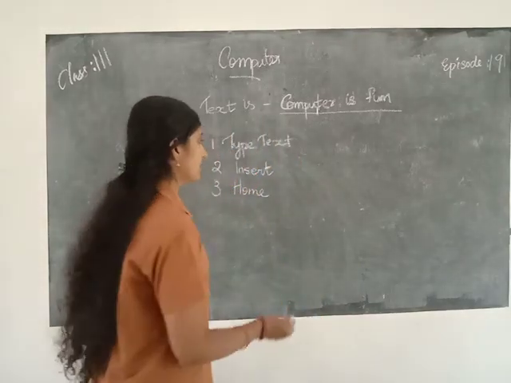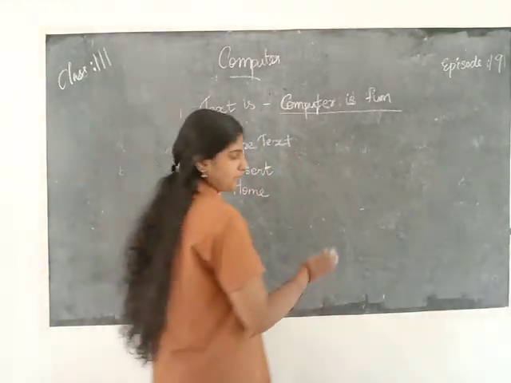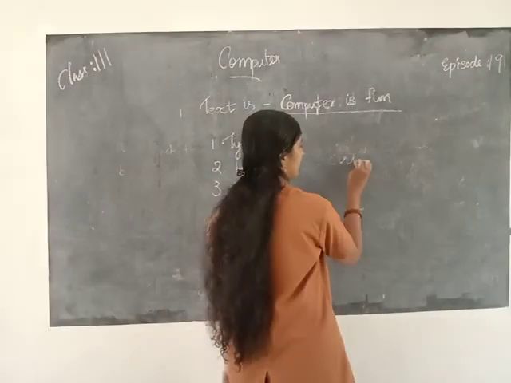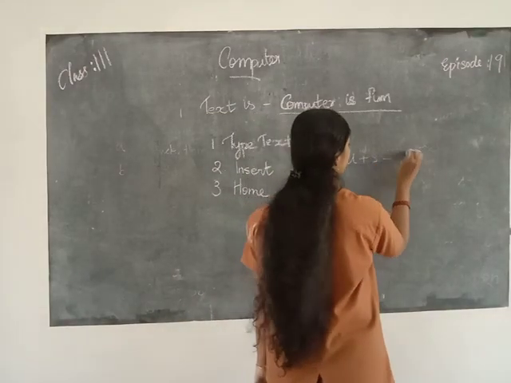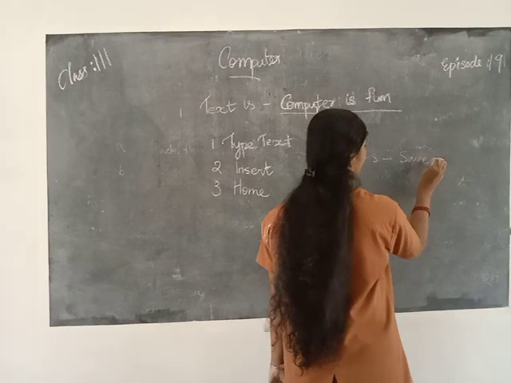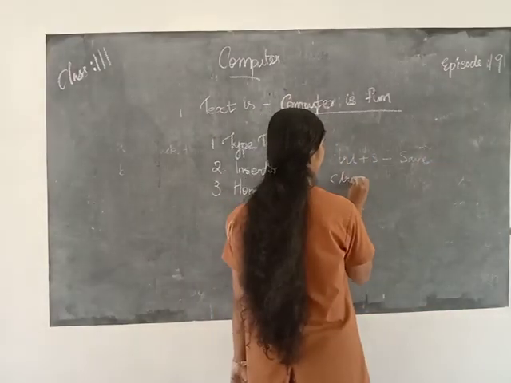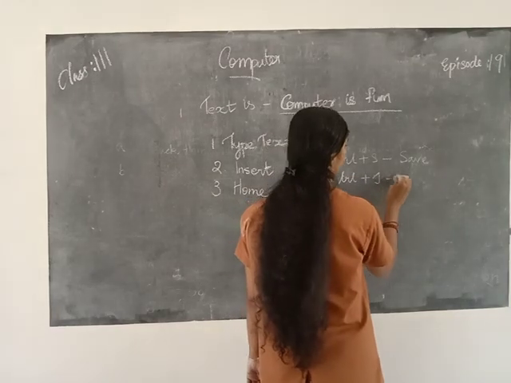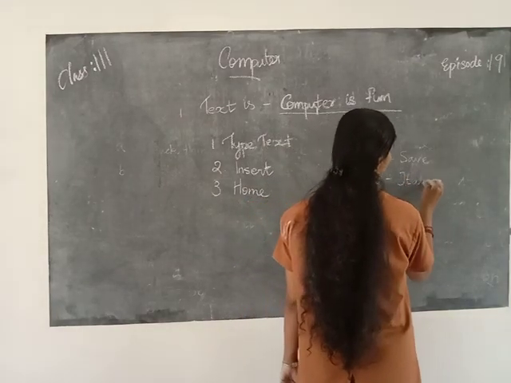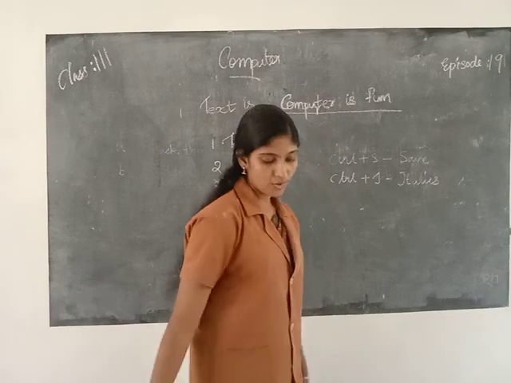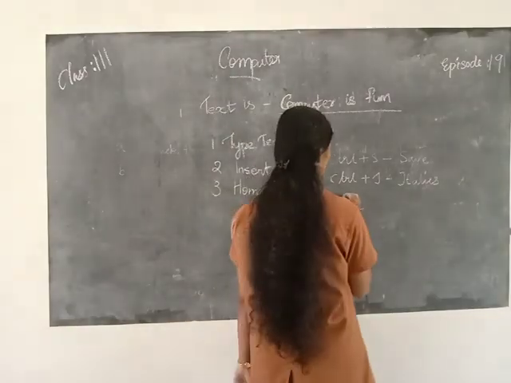Then fourth one, which is the shortcut key for making the text italic? We know here Control plus S means save. Then next Control plus I, italics. Then next Control plus B, bold.